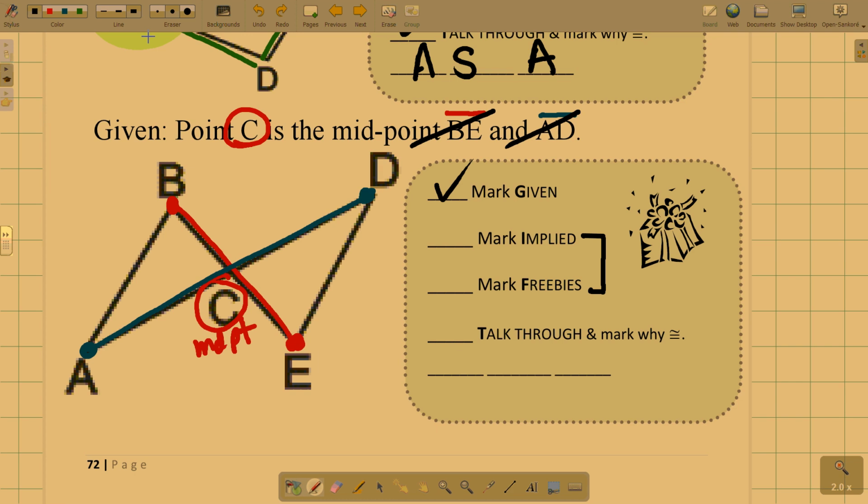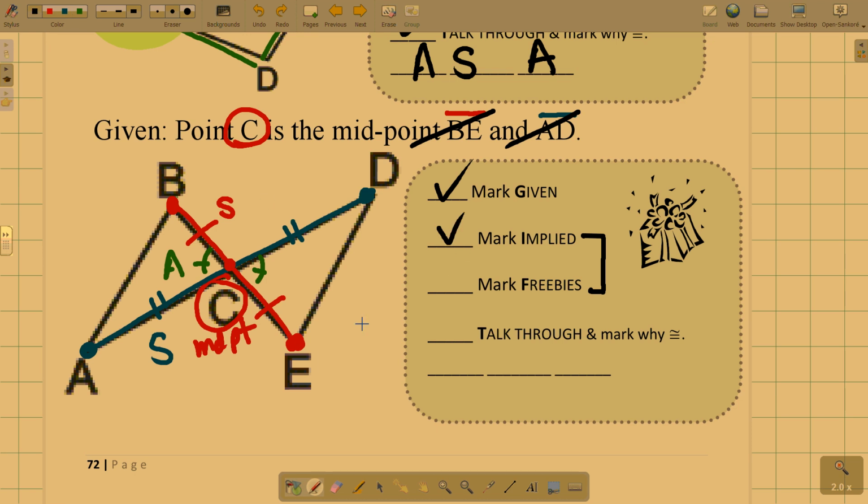Now we do implied and freebies. Implied by that midpoint is that BC and CE are congruent. So we have a pair of sides. Also a freebie, a pair of vertical angles. Because of that midpoint going the other way, another pair of sides.